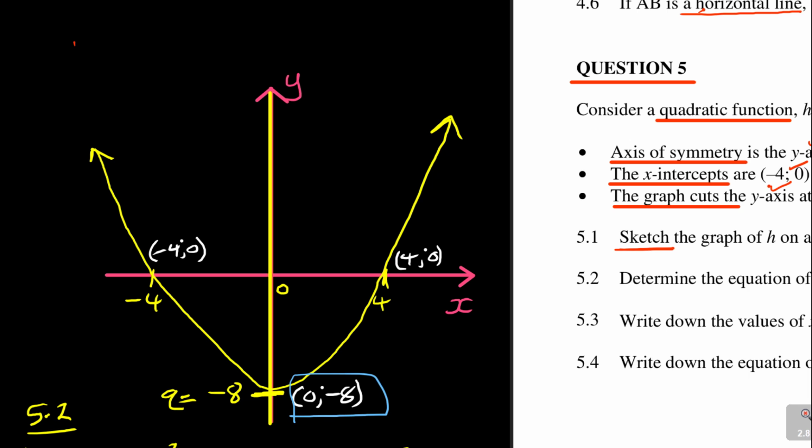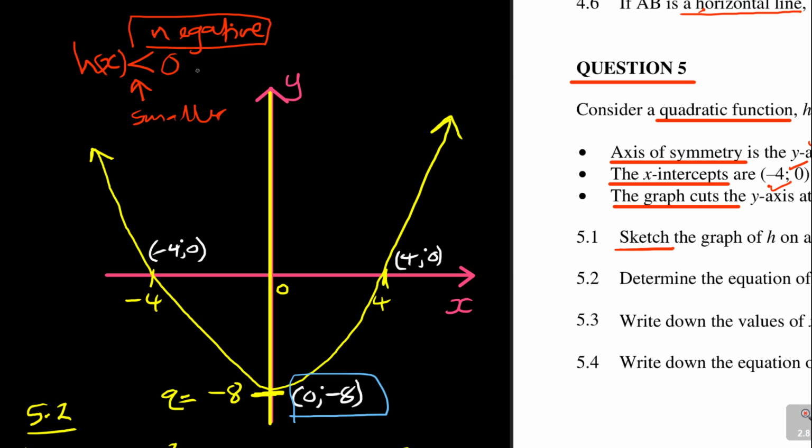If they say h of x is less than 0, meaning here it is negative, go and look at the graph where the graph is negative, because smaller than 0 is negative. So go and point out in the graph and show us where the graph is negative.